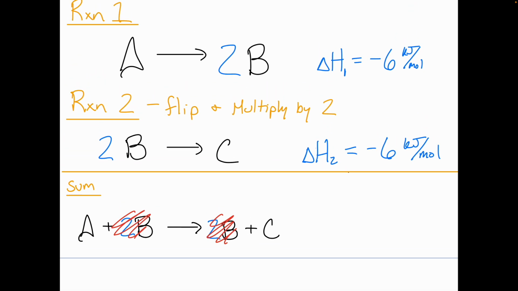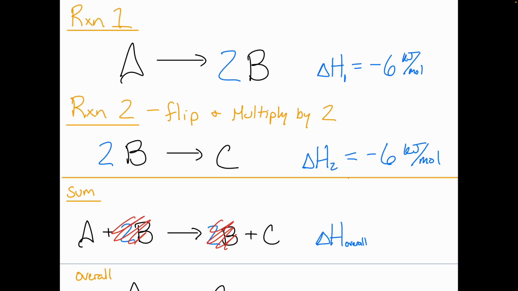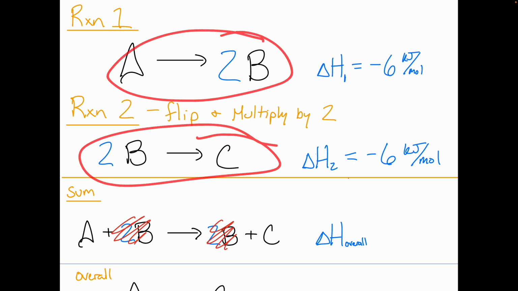Since I sum them up and I get my overall chemical equation, how do we think we're going to find the delta H of this overall chemical equation? All we did was take this reaction and sum it up with this reaction.